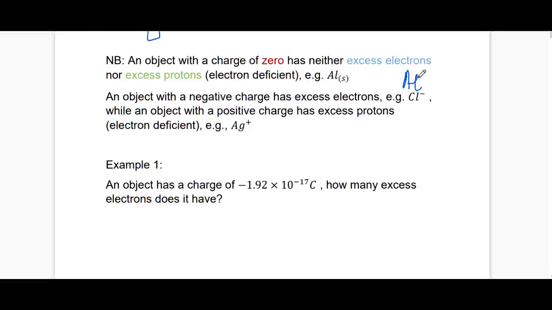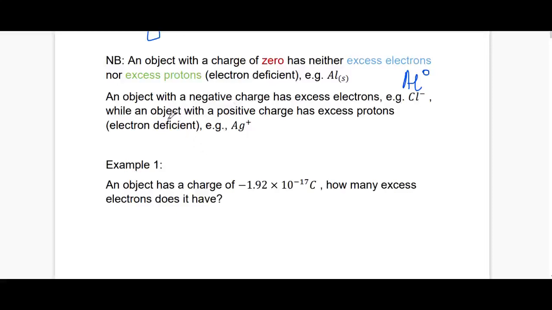This aluminium is neutral, so the charge is 0. I don't have -1, I don't have +1, so it is not electron deficient, and it does not have excess electrons either. This is what this statement means.